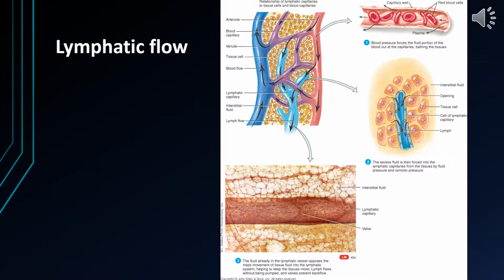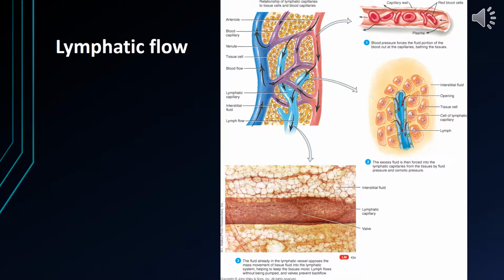This diagram compares lymphatic flow to cardiovascular flow. In the top left portion of this diagram, you can see the arteries, capillaries, and veins of the cardiovascular system. Blood flows from the arteries to the capillaries in purple, to the veins, and then back up to the heart, and then the whole circuit is completed again.